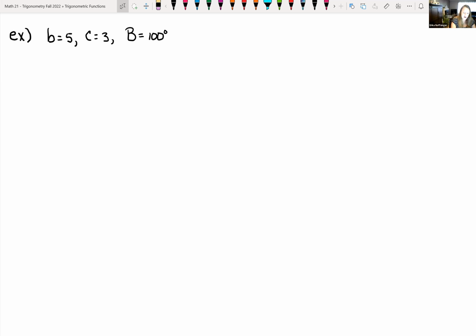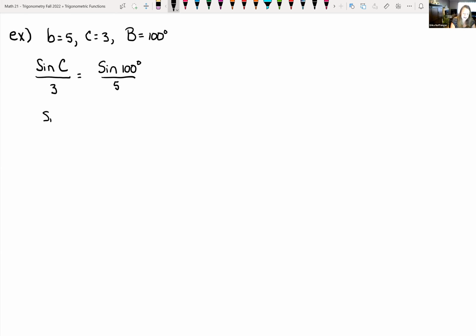And so we're going to look at sine of angle C, all over side C, which is 3, is equal to sine of 100 degrees all over side B, which is 5. Let's multiply both sides by 3.